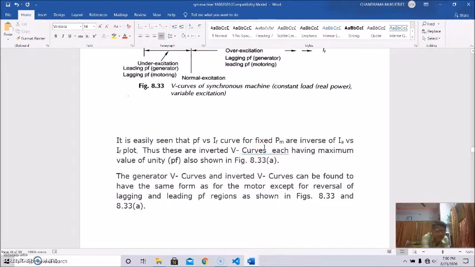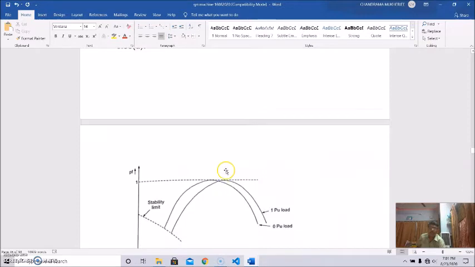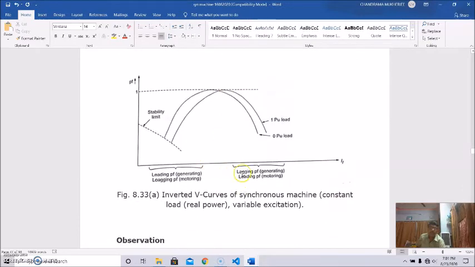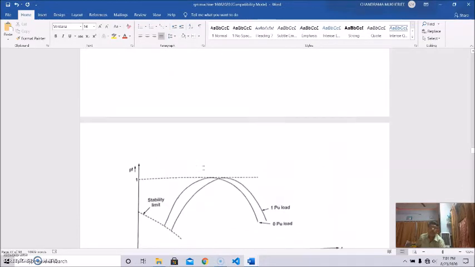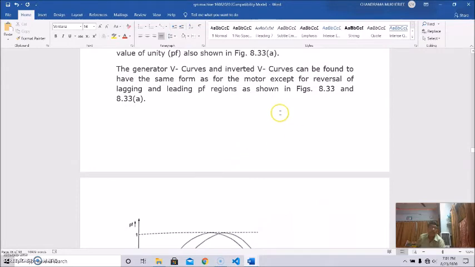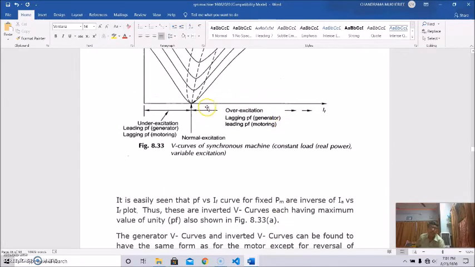These have a maximum value of unity power factor. So that is shown here in figure 8.33.